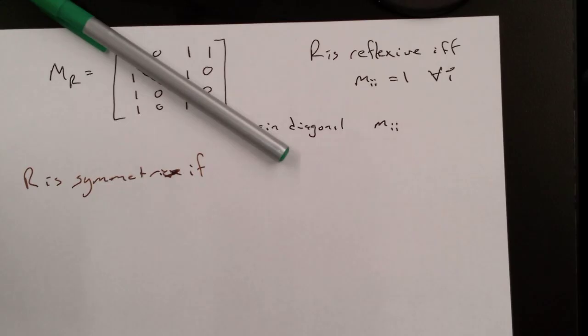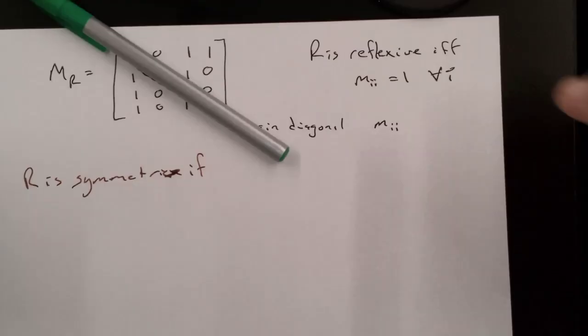I want those sets of numbers, the numbers in that upper triangle and the numbers in that lower triangle, to match. I want to fold this across the diagonal and have the numbers be in the same spot.